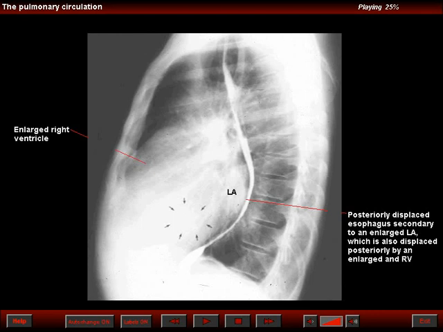An exception to this rule would be in patients who have an increase in the AP diameter of the chest because of pulmonary emphysema, and in those that have a narrowed AP diameter of the chest, in which case we usually see an increase in the surface contact of the heart, and not necessarily is this related to right ventricular enlargement.